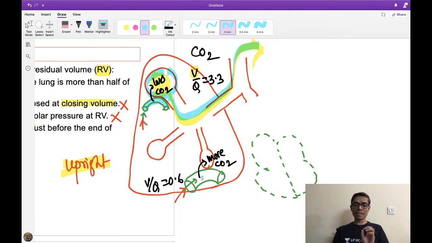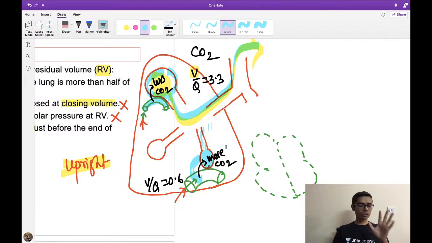On the other hand, at the basal alveoli, more blood is coming, so it is delivering more carbon dioxide to the alveoli. But here the VQ ratio is 0.6, meaning ventilation is lesser than perfusion. Whatever carbon dioxide is delivered by the perfusion is not going to easily wash out from this lung. That means basal alveoli will have more carbon dioxide tension.